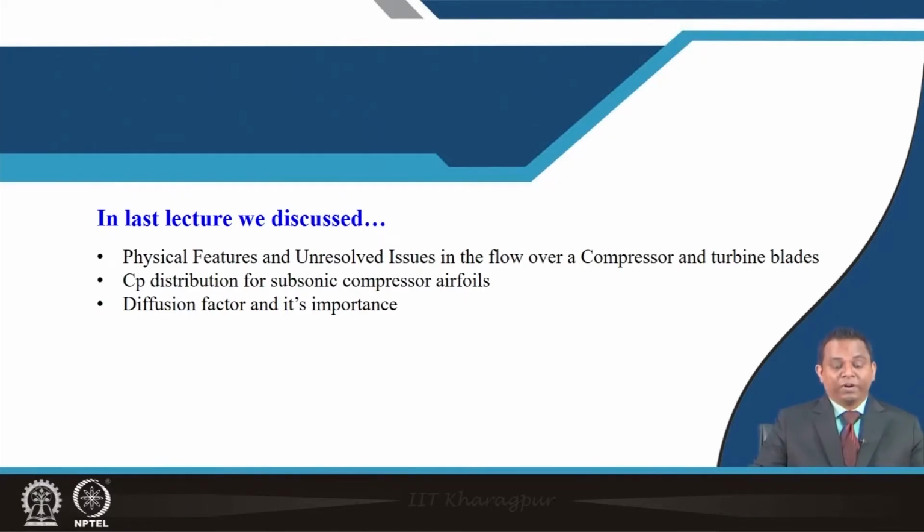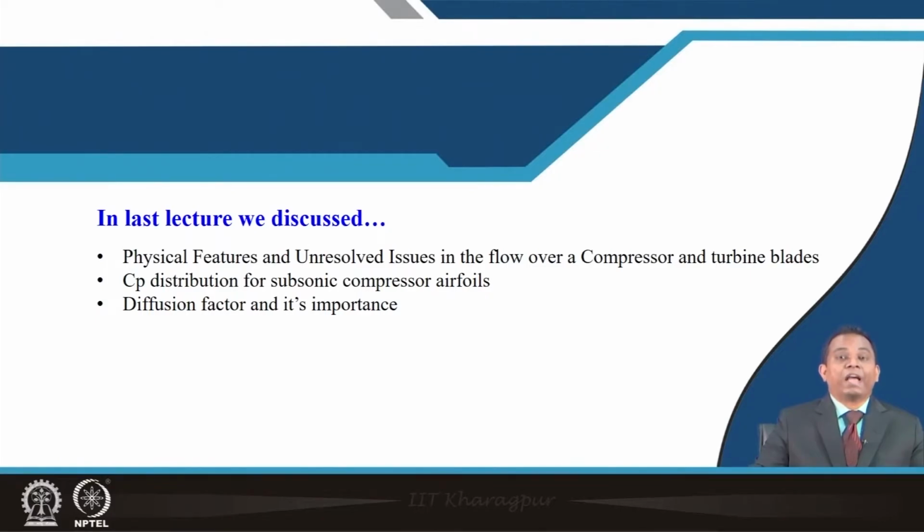Now, in the sense of understanding what we call the lifting force, we have correlated our lifting force with the CP distribution for a particular compressor aerofoil. So we have discussed what the CP distribution will be for the C4 aerofoil, for the double circular arc aerofoil and the NACA 65 aerofoil, and we have realized the shape of the leading edge is very important.